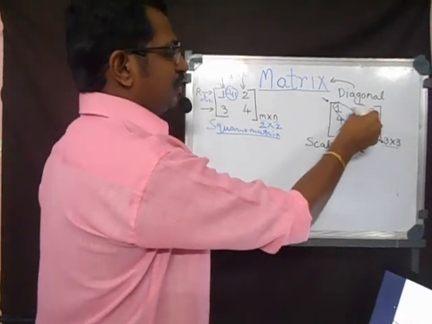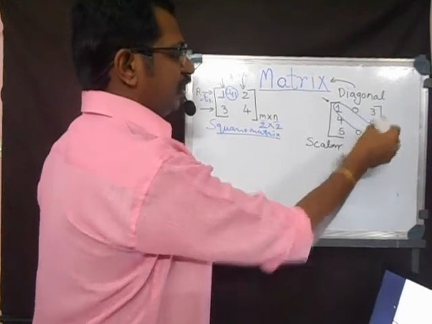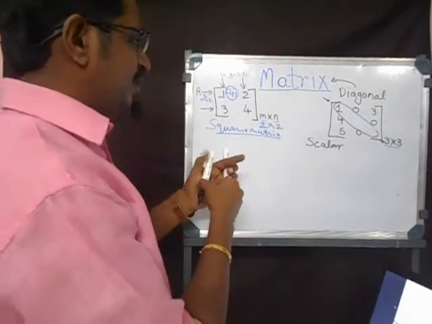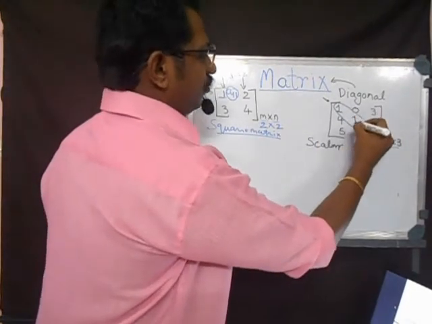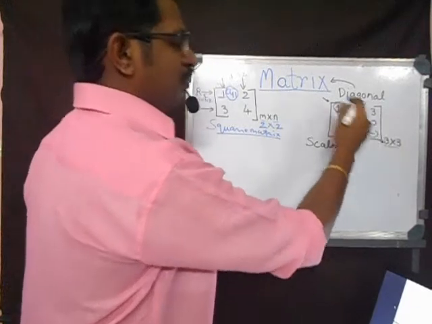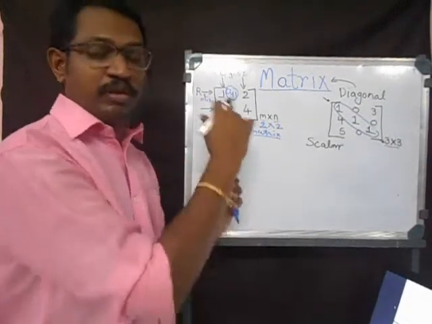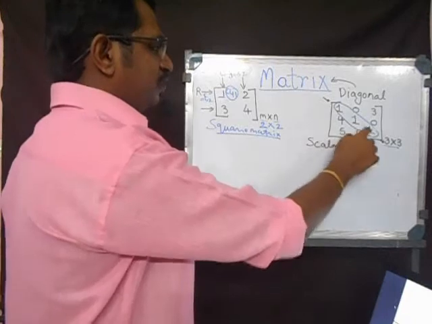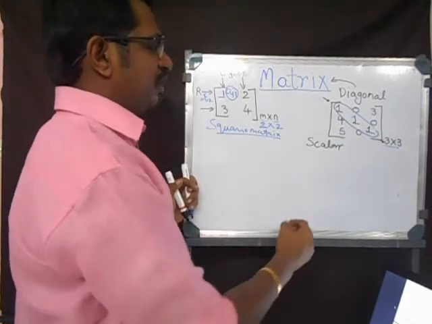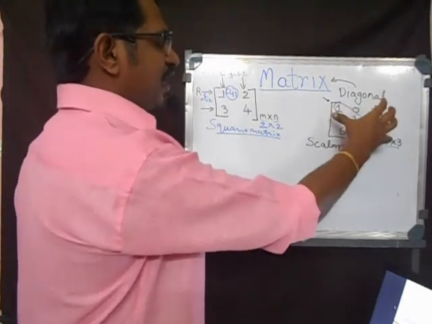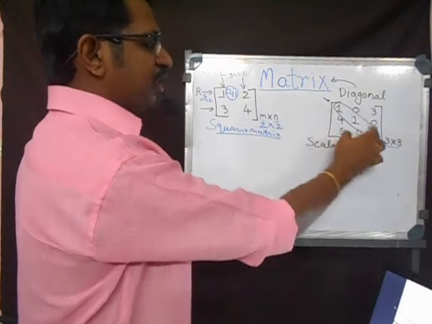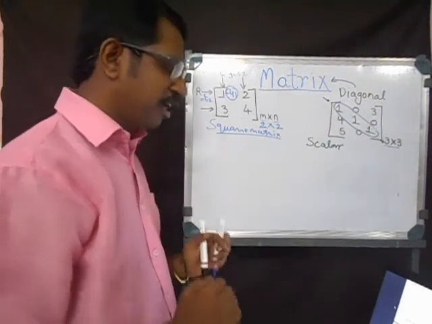You can take any number, but you should have the same number throughout. Let it be 1 and 1, or all 2, everything should be 2. Here it is 1, so it is a scalar matrix. Scalar matrix means a diagonal matrix with all the diagonal elements the same.